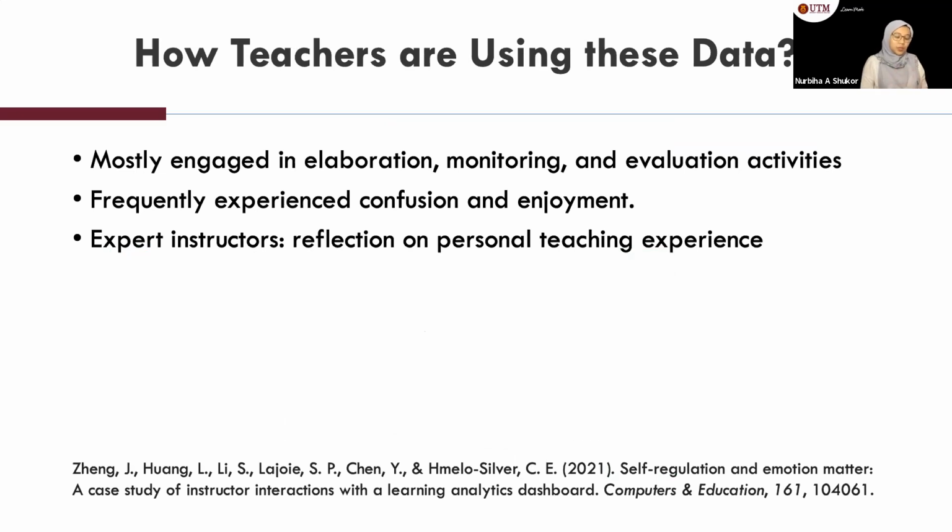Sebab dia kata macam ni, in this research it says that these teachers, they assume, for example, I thought this student is doing well. Apparently, based on learning analytics, this student is at risk of dropping out. So dia ada certain confusion, okay, kat situ.